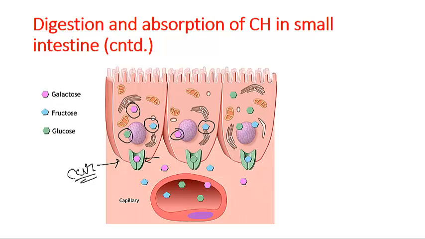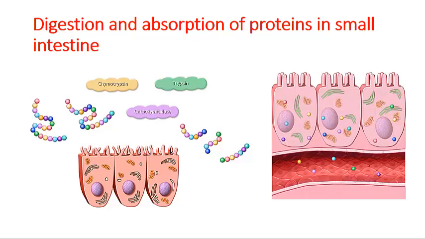Now the second part of the digestion in the small intestine is the digestion of proteins. In the small intestine we have the protease enzymes released from the pancreas, and a variety of proteins and protein breakdown products are formed.